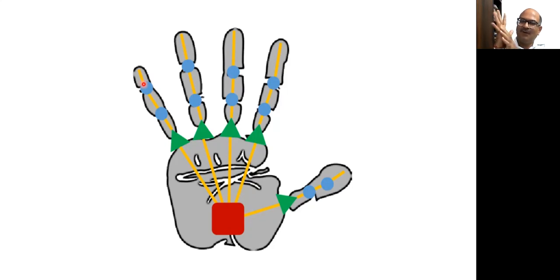But at this point here, this is available and this is available, and you can see this type of movement is available.